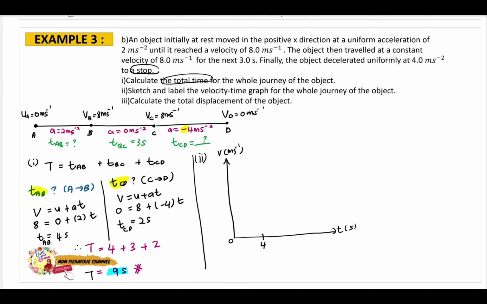From B to C is 3, so 4 plus 3 should be 7. And from C to D, the object is moving for another 2 seconds, so 7 plus 2 should be 9. The velocities are the ones we calculated earlier: 8, and 0 at the end.